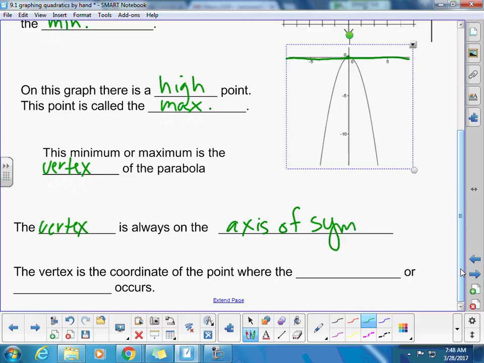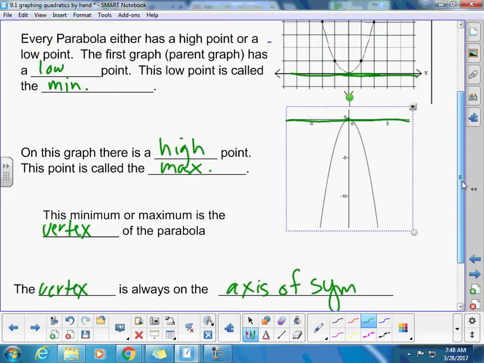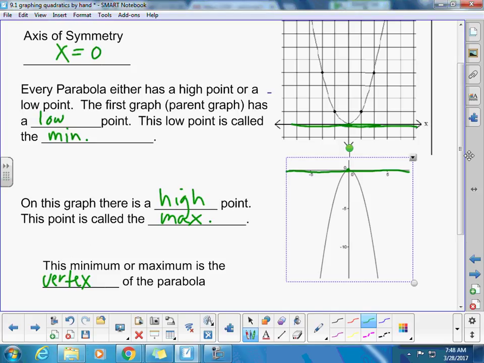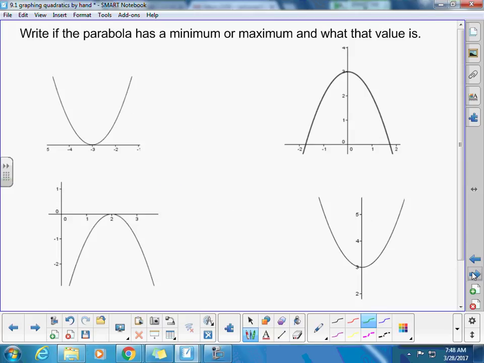So the vertex is the coordinates of the point where either the minimum or maximum occurs. So in both of these cases, the minimum in this one is at the point 0, 0, and the maximum at this one is at the point 0, 0. So it's that point where the minimum or the maximum occurs. That is called the vertex.